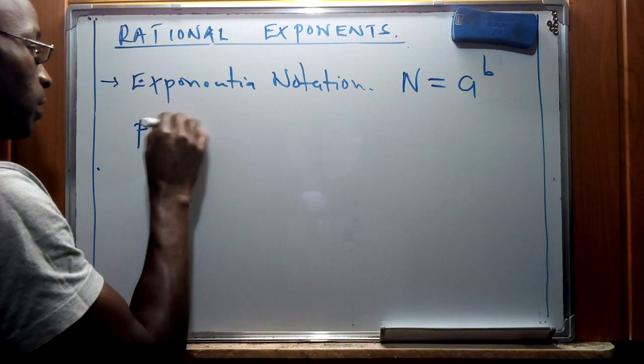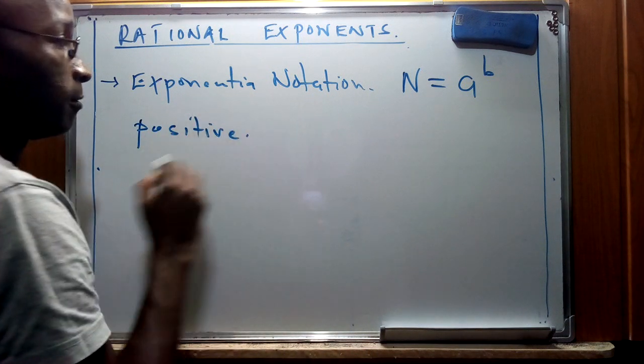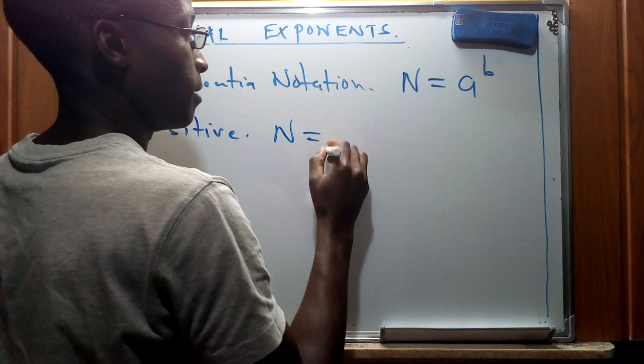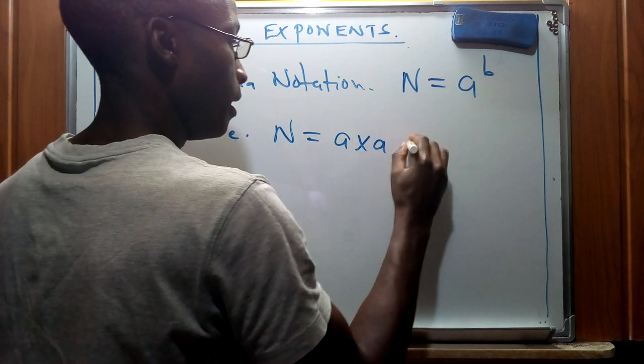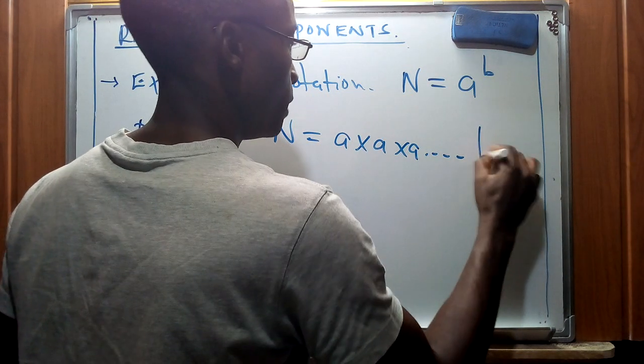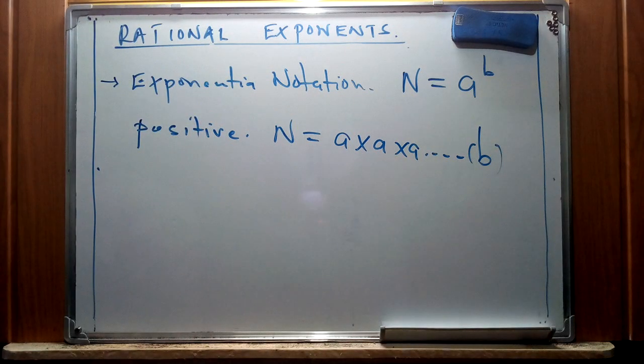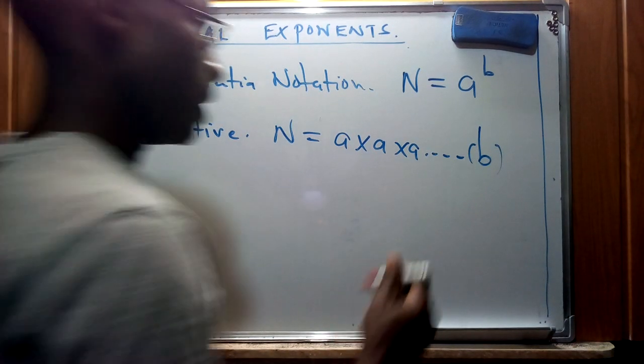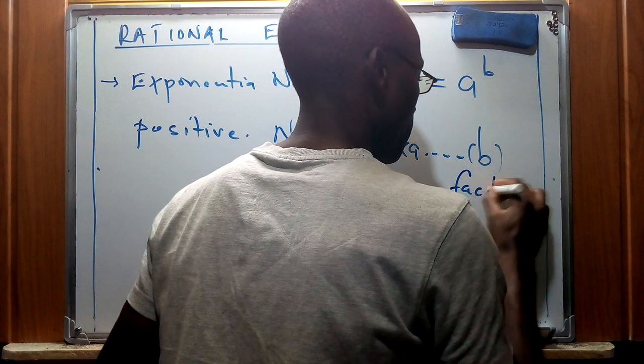For the positive one, if b is positive, then n is represented as the product of a, which has been multiplied by b factors.